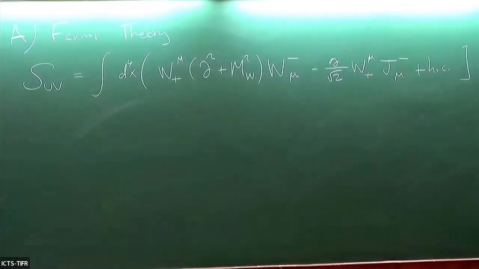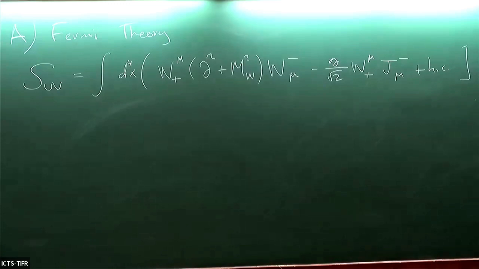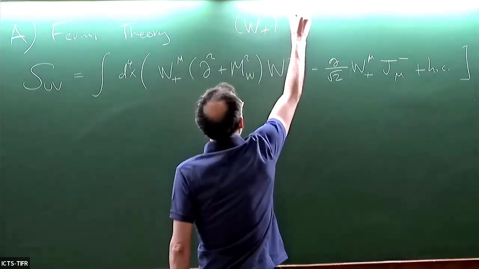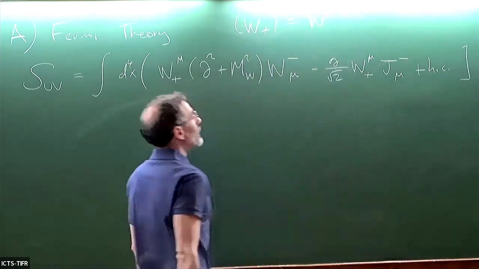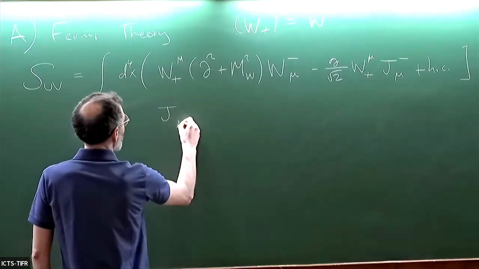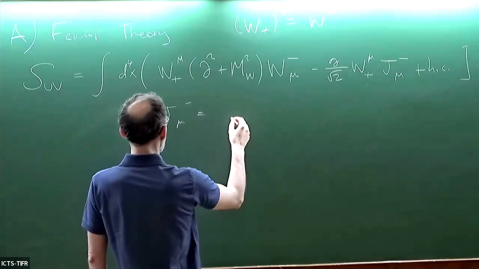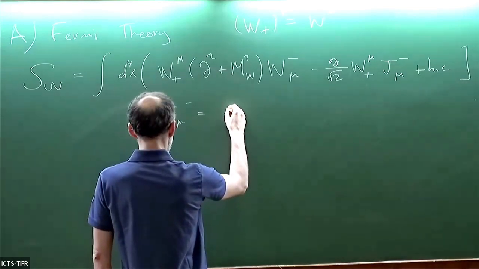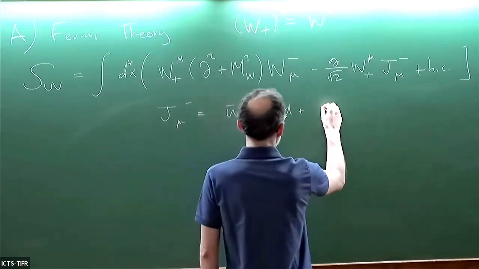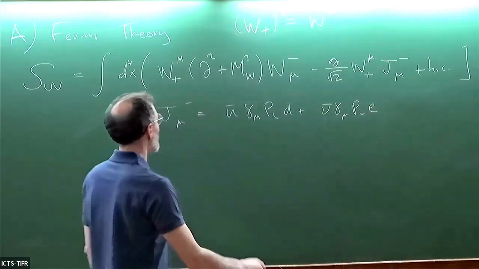A few notes in here. Well, I hope you don't get confused. Partial squared is partial mu contracted, but it saves me a bit of ink if I write it like that. We have that the Hermitian conjugate of W plus is W minus, the fields, and that the current J minus is made out of fermions, so minus is for the electric charge, so that will be u bar gamma mu P left d, plus mu bar gamma mu P left, and the electron.